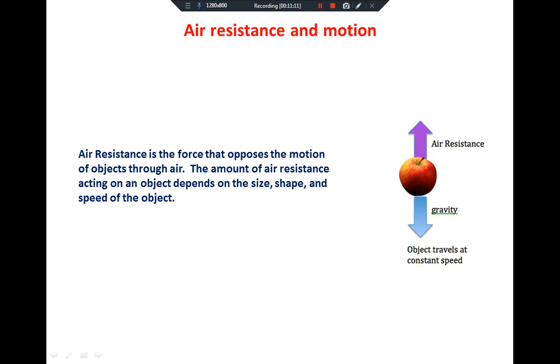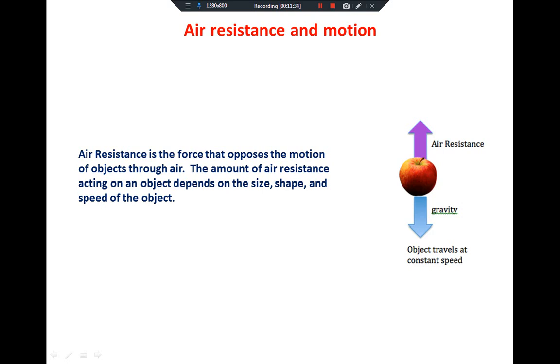So, in the case of friction, we explained that there are 4 reasons that affect friction. Okay? What were they? 4 reasons that affect friction.